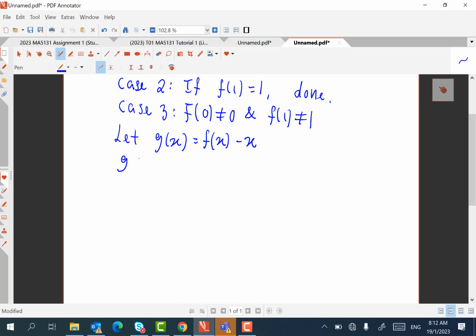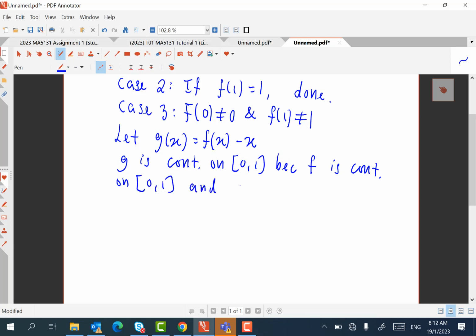So we say that g is continuous on [0, 1] because f is continuous on [0, 1], and this function x is also continuous.